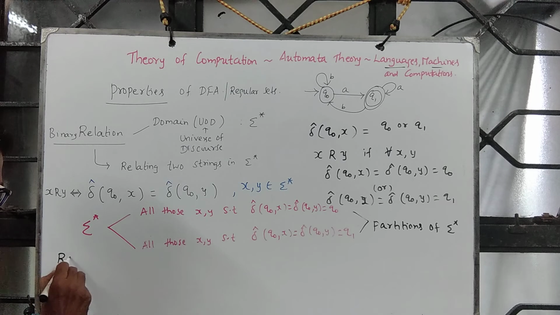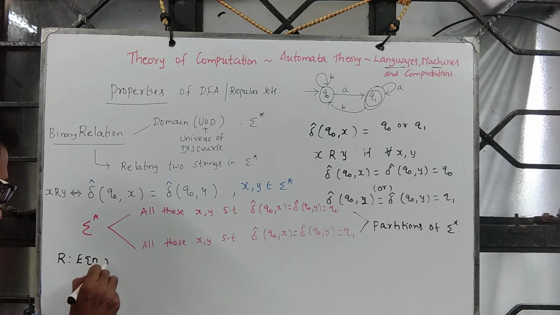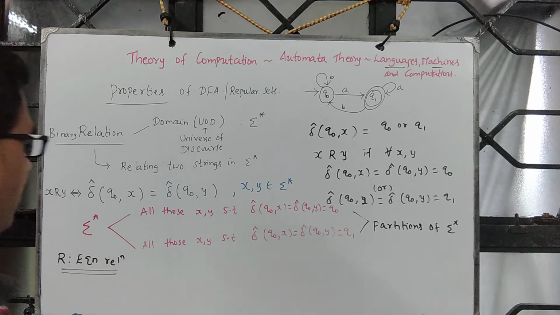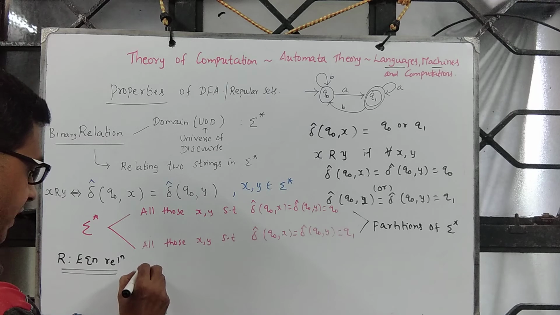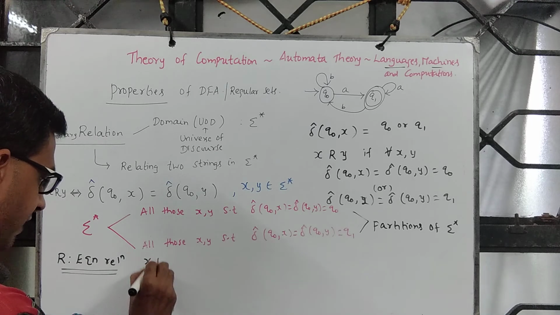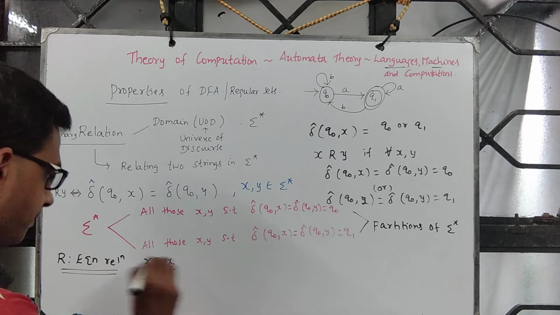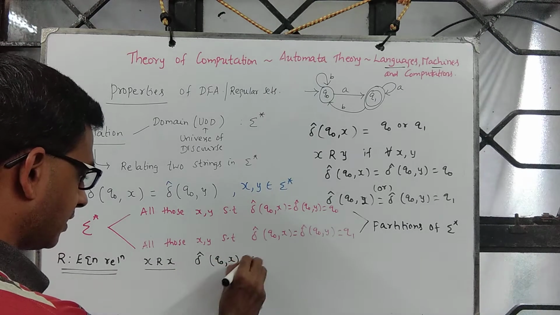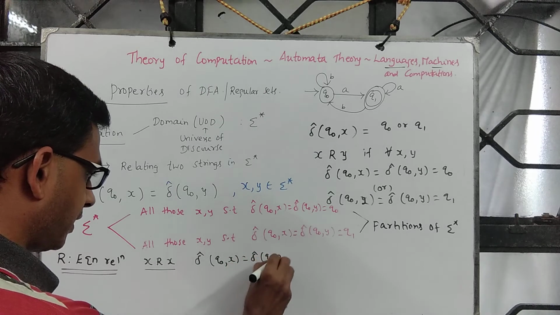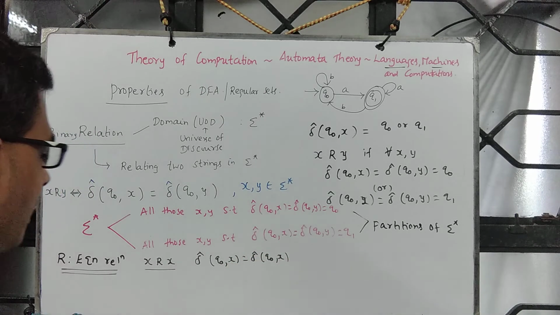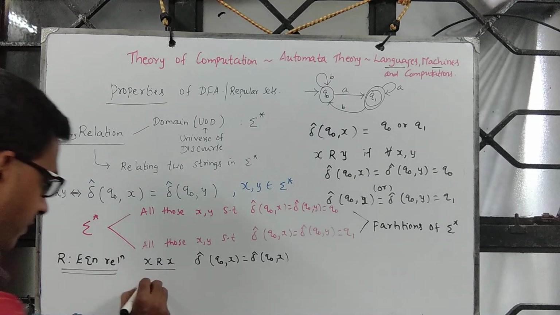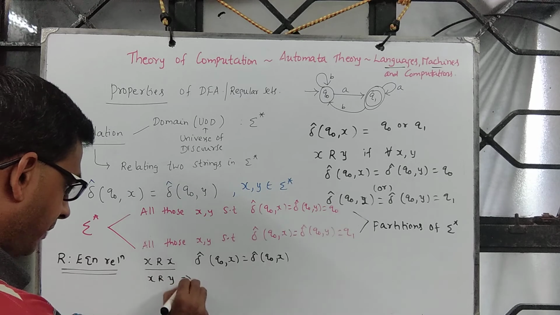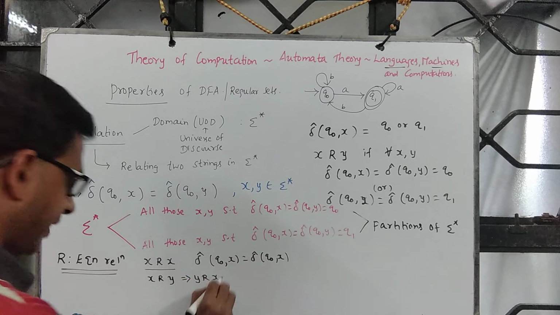We see that this relation is an equivalence relation. If x and y are the same, we see that x is related to x because delta of q naught comma x is the same as delta of q naught comma x. So x is related to x, and if x is related to y, it implies that y is related to x.